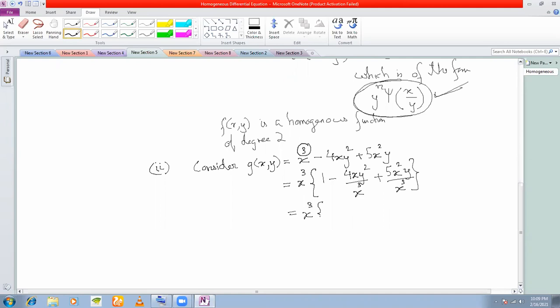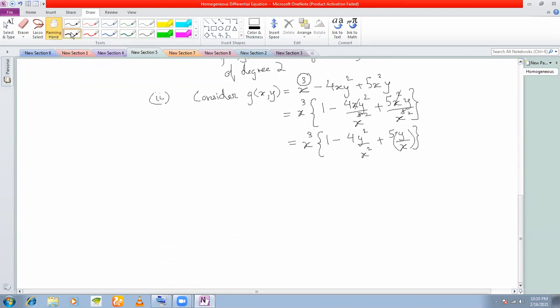Therefore, I can now write this as 1 minus, see that one x cancels here, right? And another, this x squared cancels here. So what are you getting? You're getting 4 times y square by x square plus 5y by x, right? So what you see here is that you're getting x cube into 1 minus 4 times y by x whole square plus 5 times y by x.